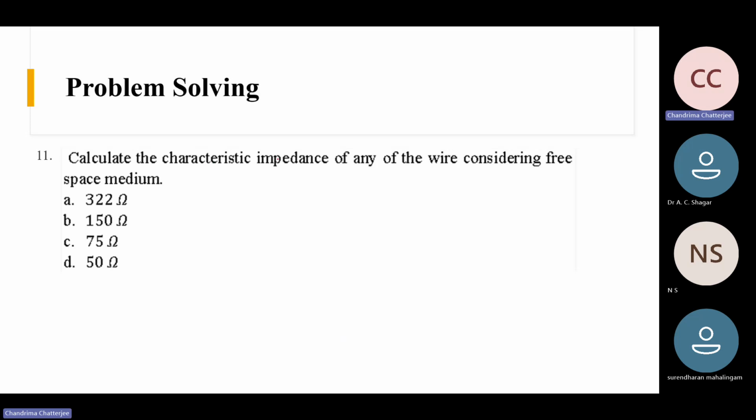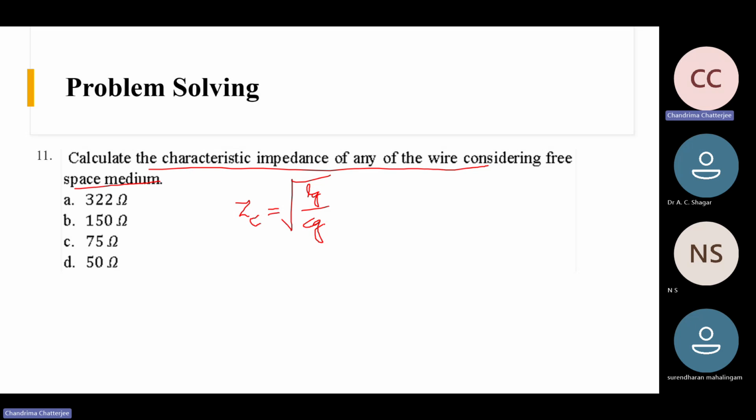Calculate the characteristic impedance of any of the wires considering free space medium. Okay, so characteristic impedance Z0 is equal to square root of LG by CG.